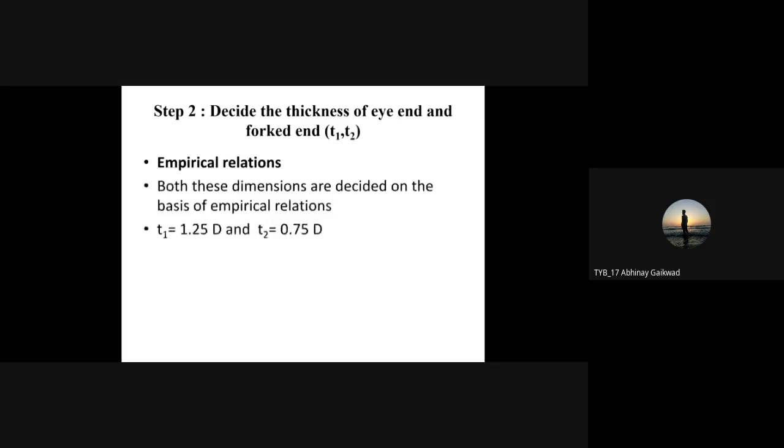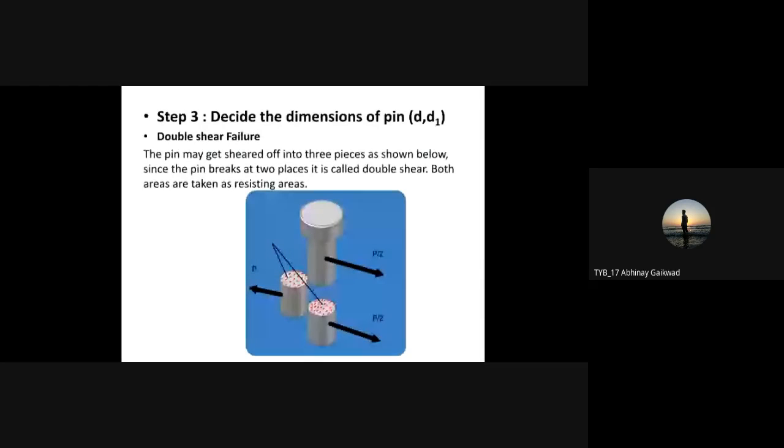Now, third step that we are going to see is deciding the diameter of the pin. In this case also, basically we are going to find out the diameter of that pin, which is denoted by small d. And later on, by means of empirical formulae, we are going to find out the diameter of collar, or that extended part of that pin.